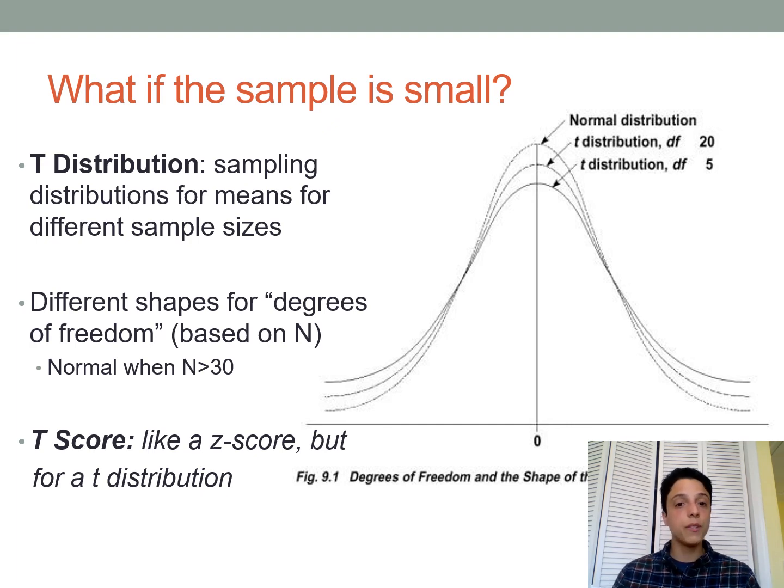So for this week, I just want you guys to be familiar with the t-distribution, the fact that it has different shapes for different sample sizes, and that it accounts for the extra bit of uncertainty that you get in your estimates when you have a small sample size.